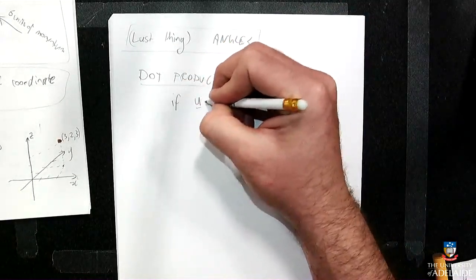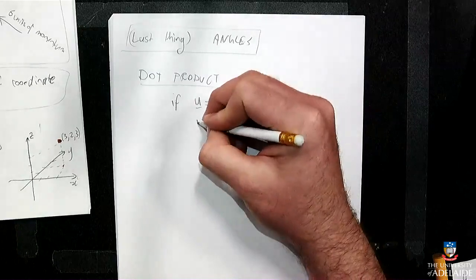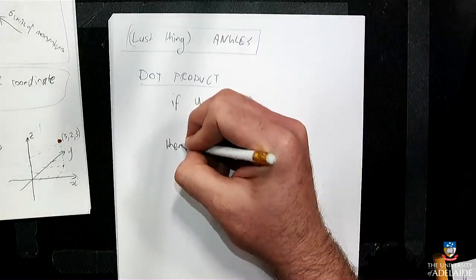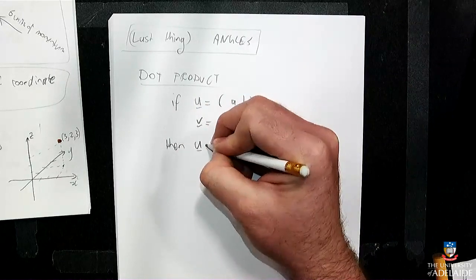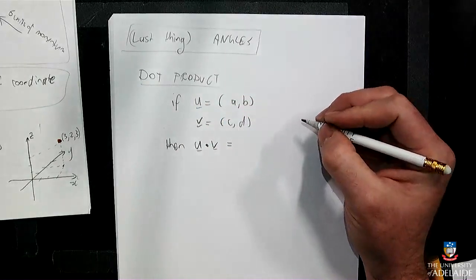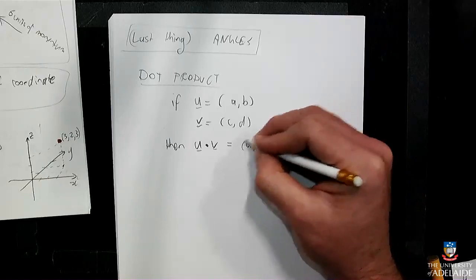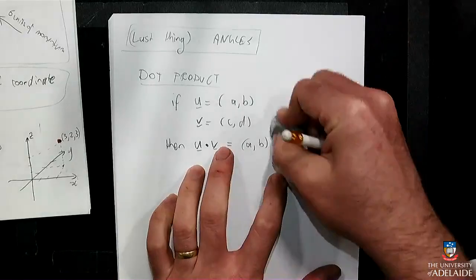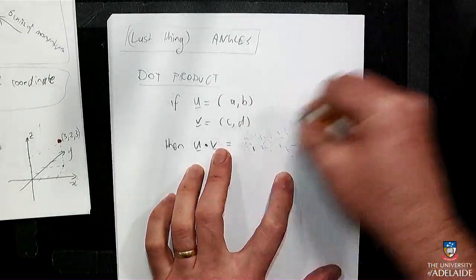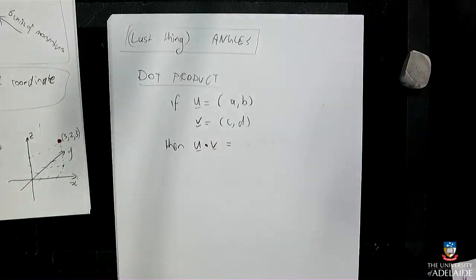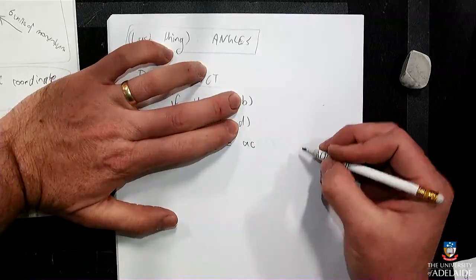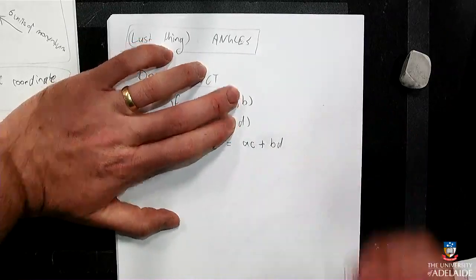If u is equal to (a, b) and v is equal to (c, d), then u dot v is, you multiply the matching coordinates, a times c, and you multiply these matching coordinates, b times d, and you add them together.